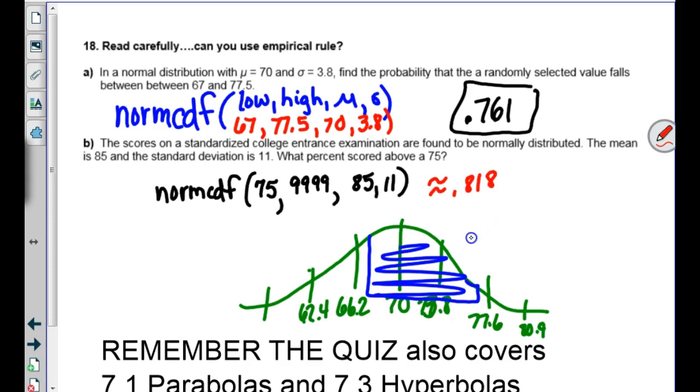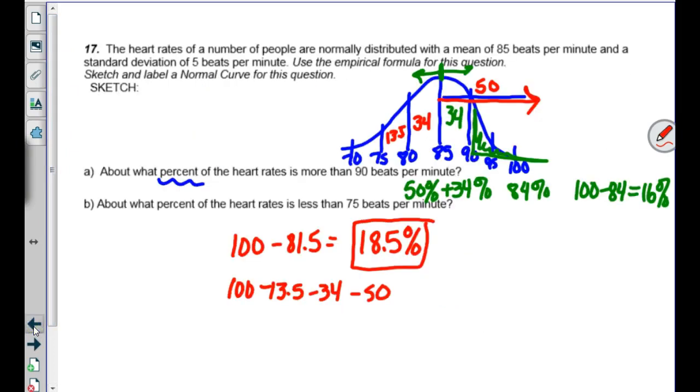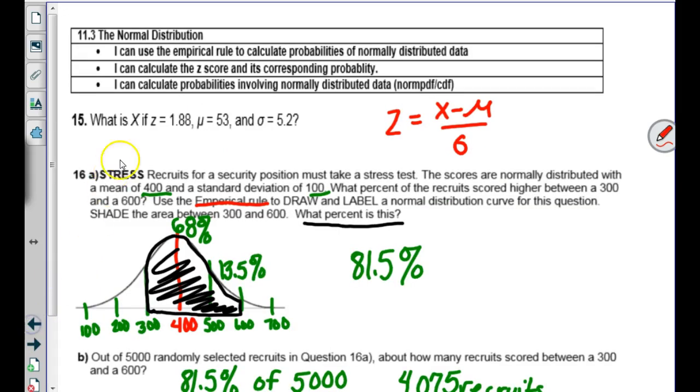All right. Everybody good on normal distribution? In theory, you could use the normal distributions to do 16 and 17, but you won't get the same answer as you will using empirical rule. And it specifically says in the question to use empirical rule.